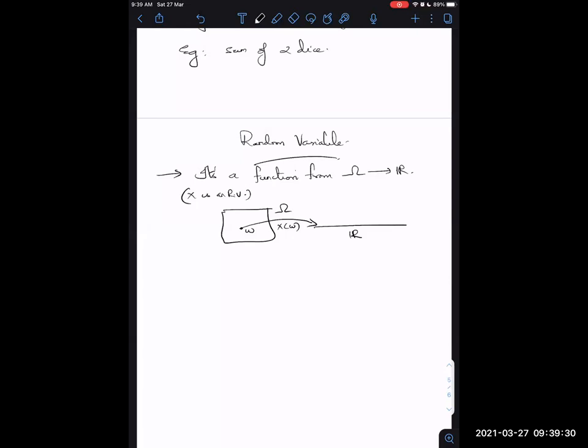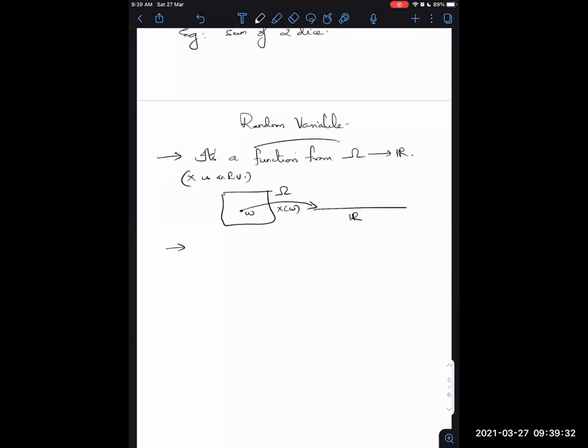Now let's move on. You can think of a random variable as a numerical summary of some aspect of the experiment.